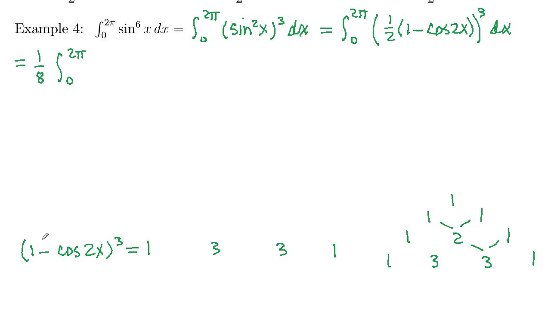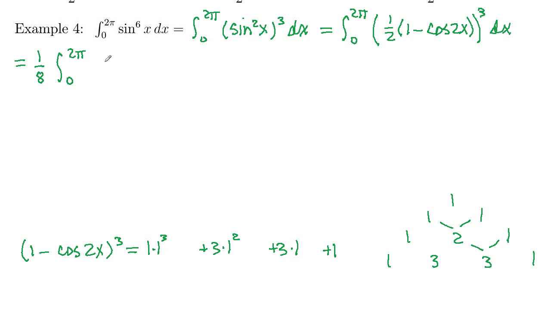And then we take powers of 1. We'll start at the third power and go down. So 1 cubed, times 1 squared, times 1 to the first, and then no factor of 1. And these are all pluses, by the way. And then powers of cosine 2x will start at 0 and go up.